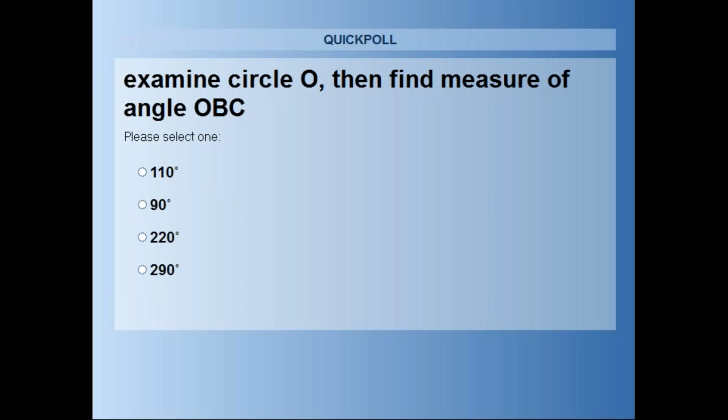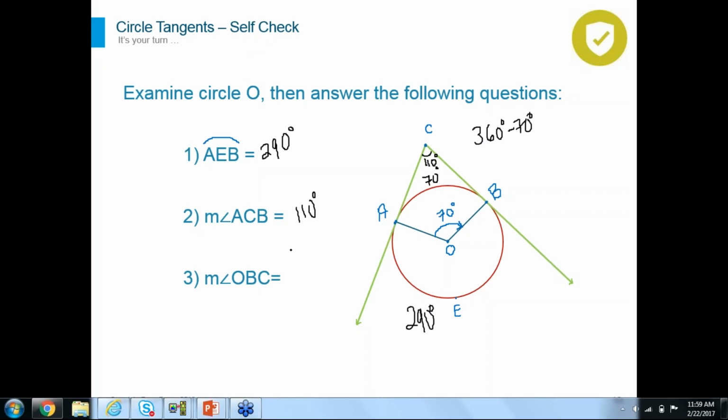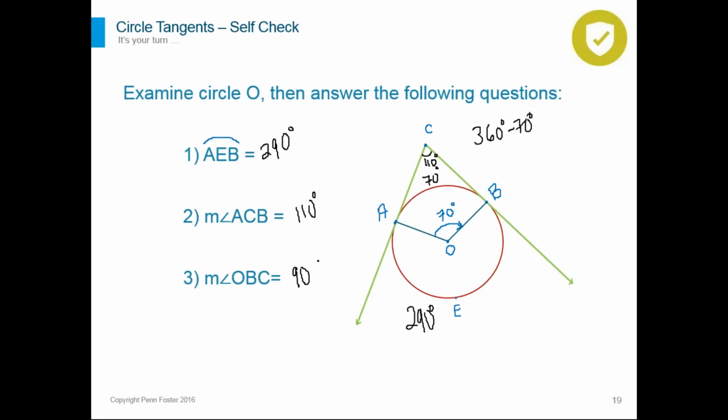Okay, I'm running out of time here, so I need to keep on time, with literally 1 minute left. So it's 90 degrees. The radius makes a 90-degree angle with the tangent.